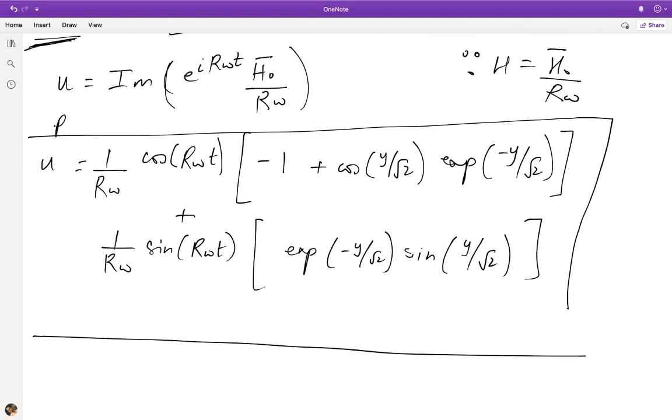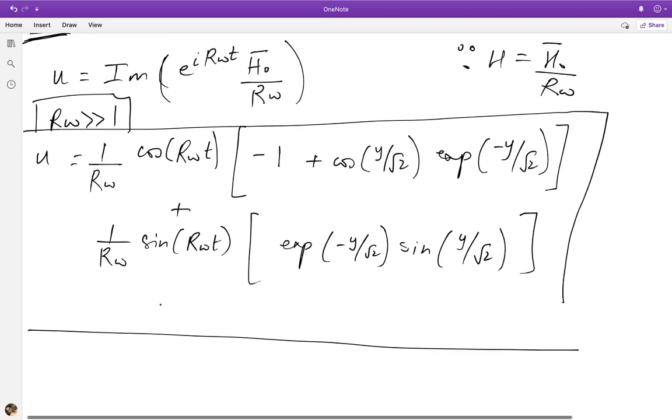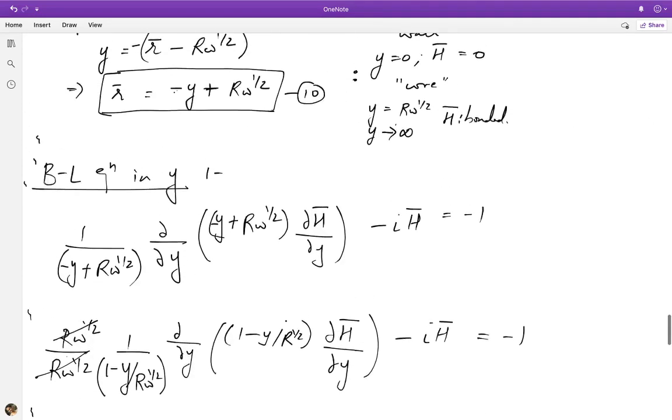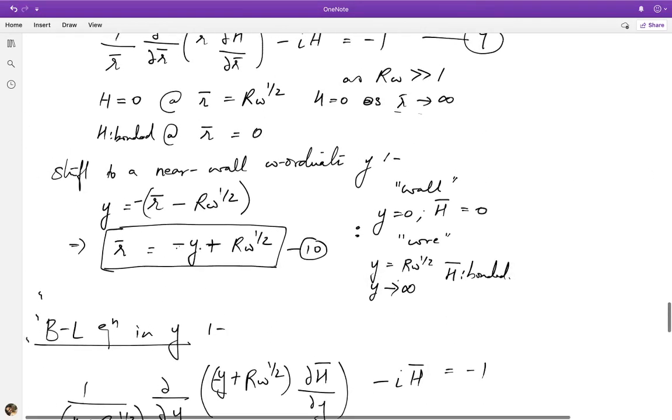in the limit of RW being very large, noting of course the coordinate y. Now remember, what is y? Let's go up here. Yes.